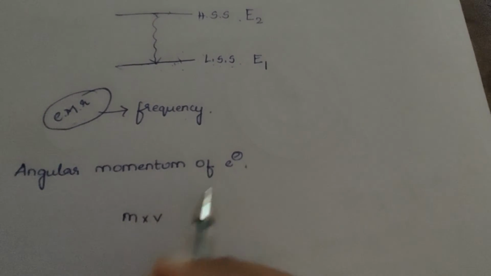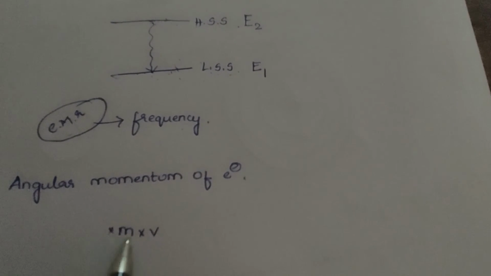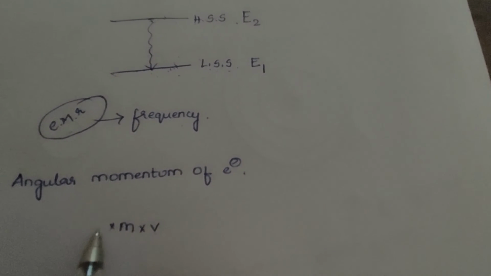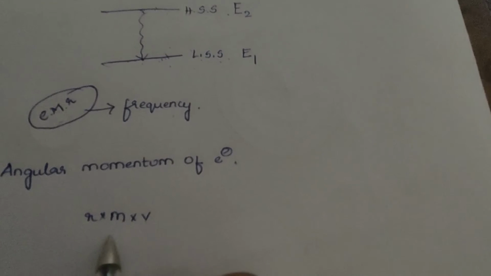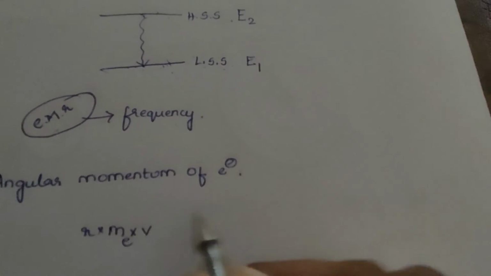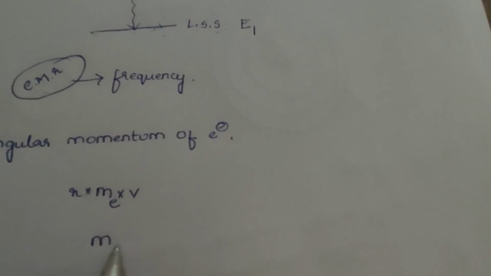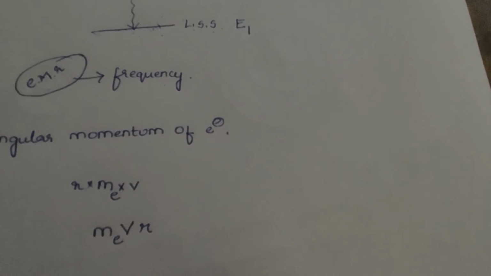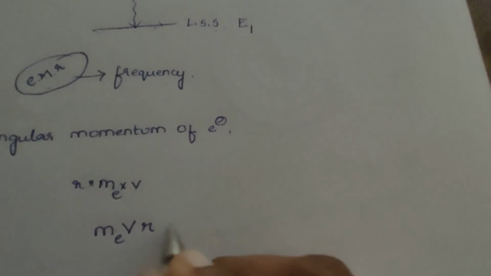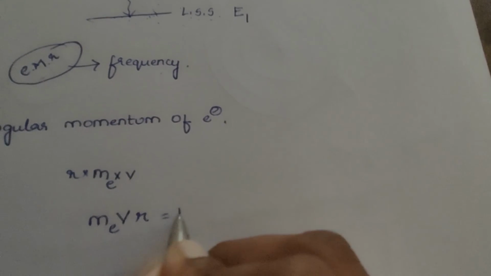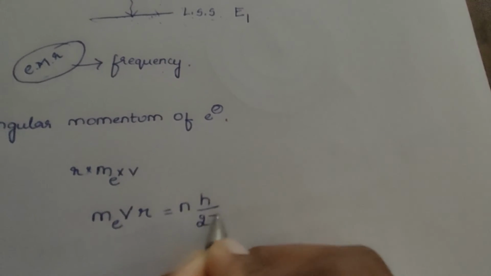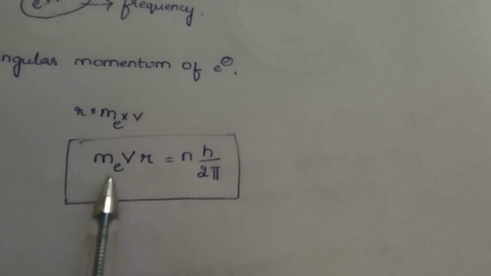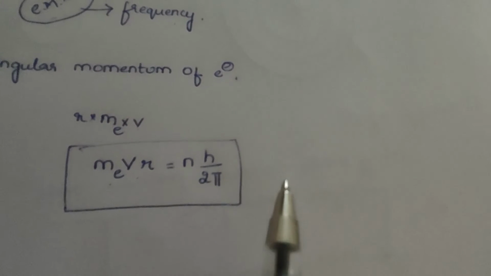The formula for angular momentum is mass into velocity into radius of the circular path, mvr: mass of the electron into velocity of the electron into radius of the circular path. Angular momentum is equal to nh by 2 pi. Here you can see that this angular momentum is quantized.